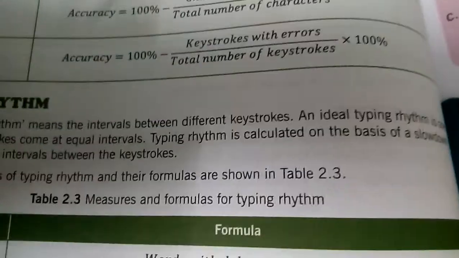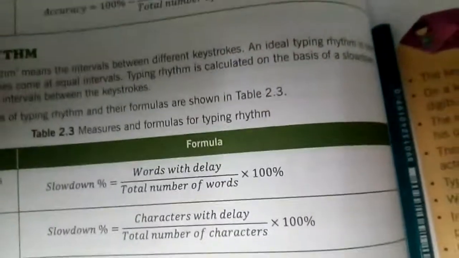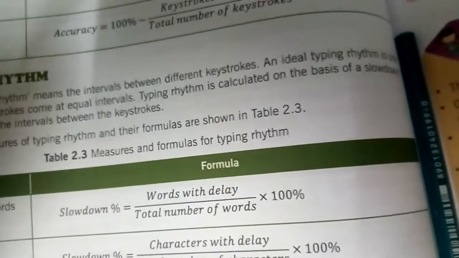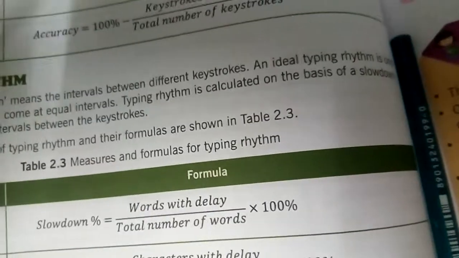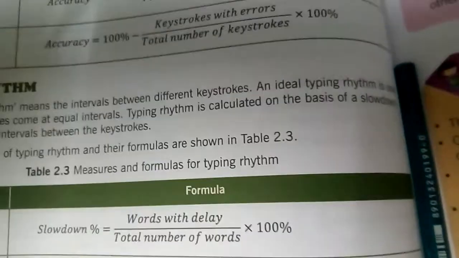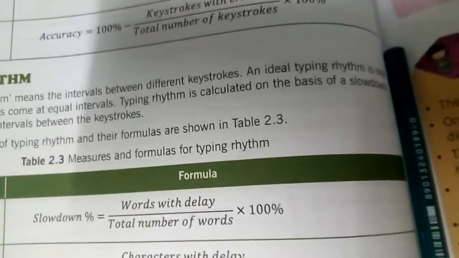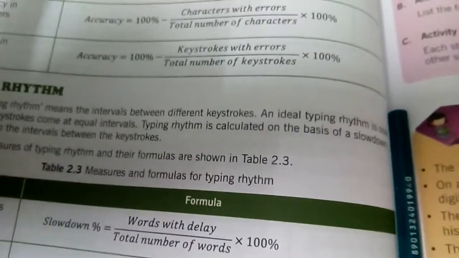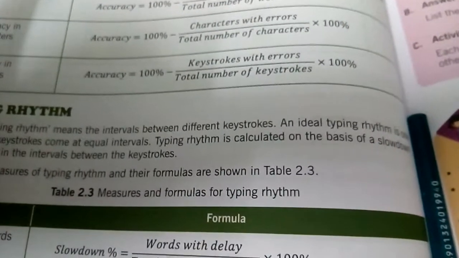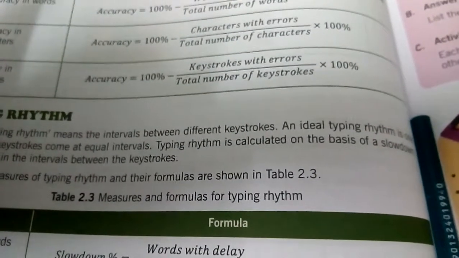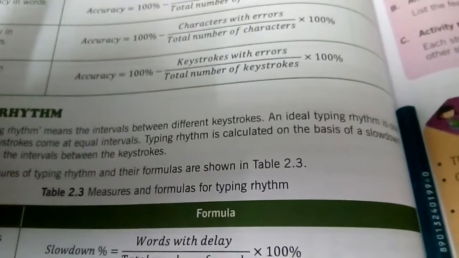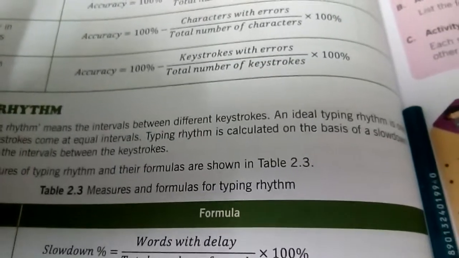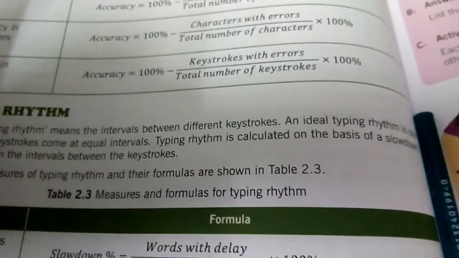Next is typing rhythm. What does typing rhythm mean? Last day I told you, rhythm means the interval between the different keystrokes. An ideal typing rhythm is one in which the keystrokes come at equal intervals. Understand? Suppose you are typing apple: between A and P the interval is, say, 1 second.